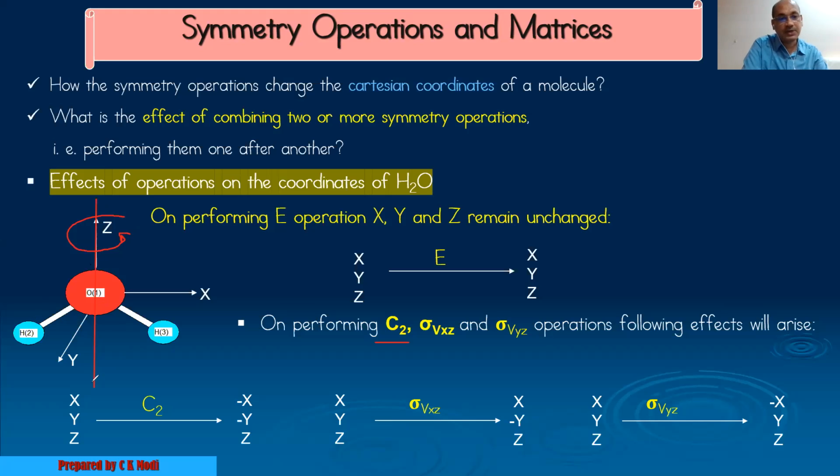So this is my C2, which is situated on the z-axis. Now what will happen after performing C2, after 180-degree rotation? X becomes minus x. Y becomes minus y.